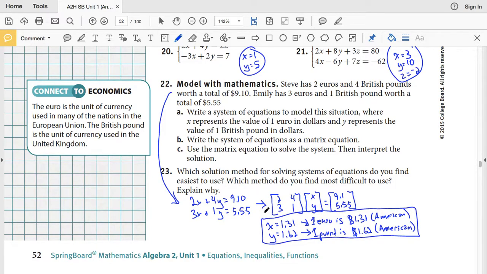Okay, and then 23 just says your answers are going to vary here. Which solution method for solving systems of equations do you find easiest to use? Which method do you find the most difficult to use, and explain why? I would say probably the common answer here is that using matrix equations is the easiest, but it's probably the one that you don't understand as much because we did a lot of this through our calculator.